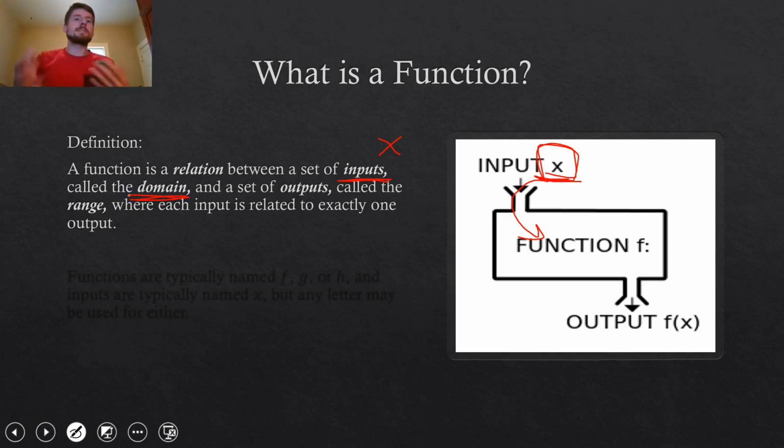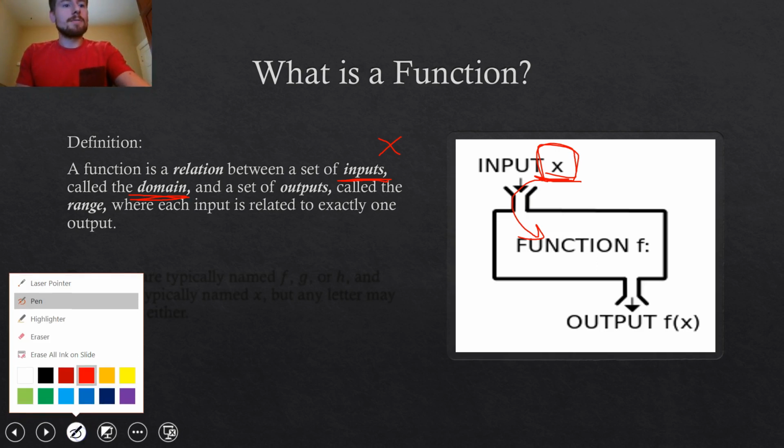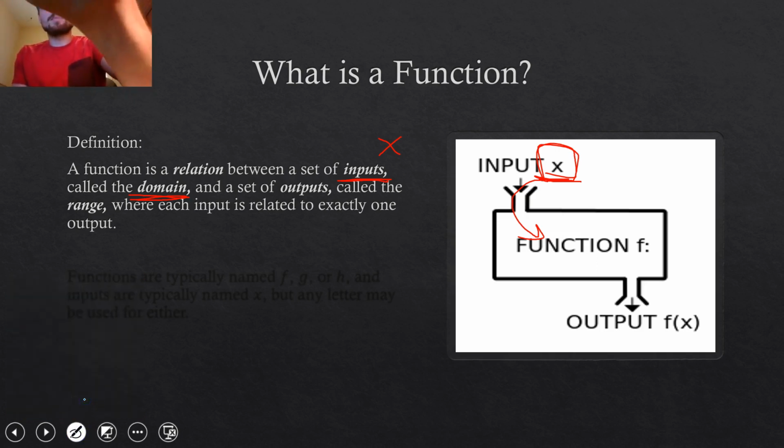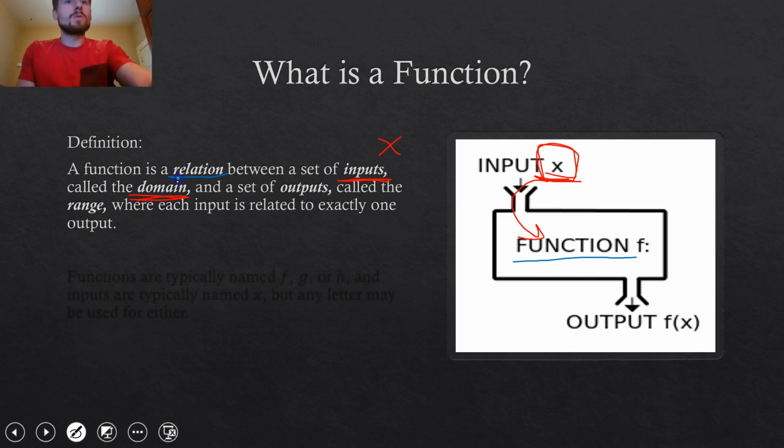So maybe you've got lots and lots of different inputs, and each one is coming from the domain. And then you've got your function machine, which does something to x, whatever it does, there's a rule, and that rule is usually given to you with an equation. It says, like, do this to the input.